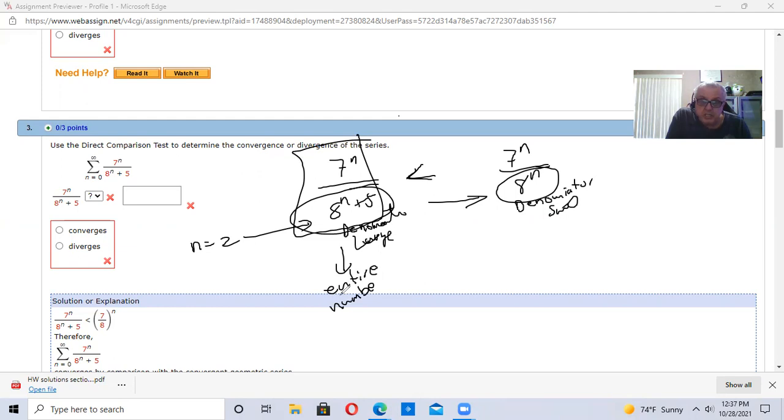If the denominator is larger and both have the same numerator, then the entire number is smaller. So we're good to go. We can use the direct comparison test here.